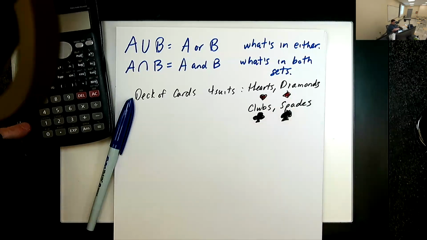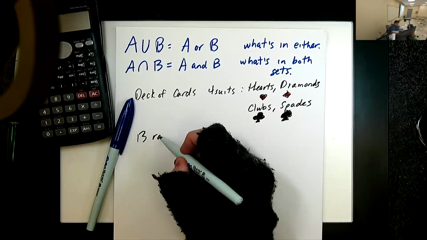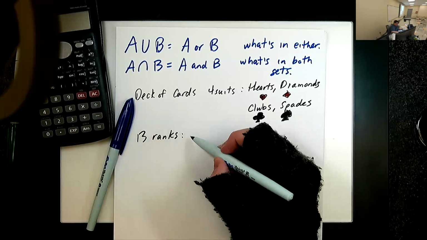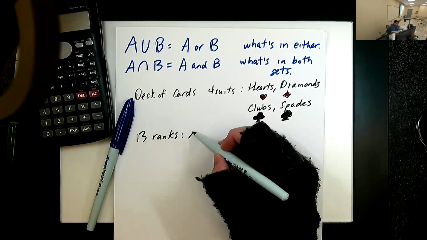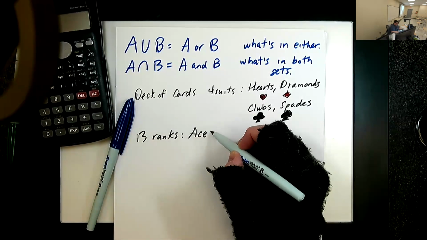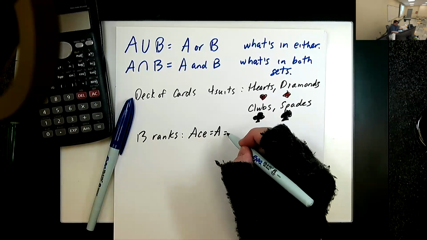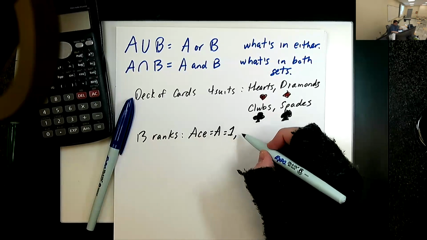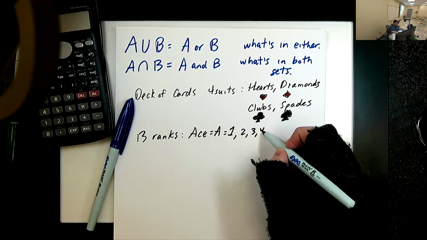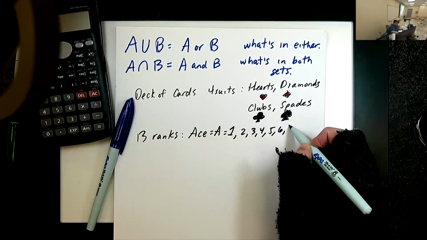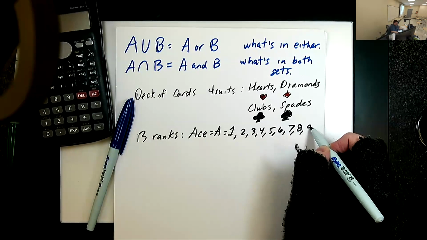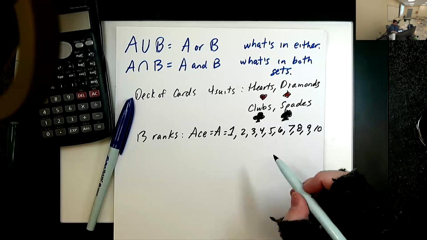It also has 13 ranks. We have ace, or the A, which is basically the 1. And then we've got 2, 3, 4, 5, 6, 7, 8, 9, 10. That's 10 of them.